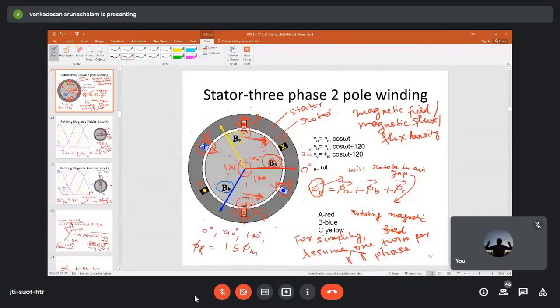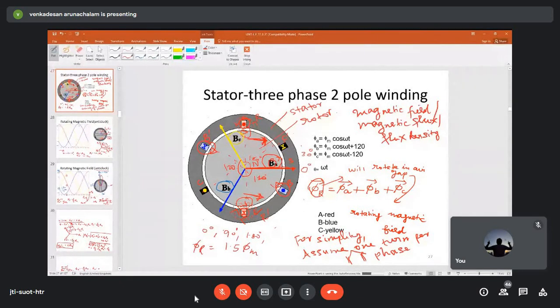This is the north pole, this is the south pole. This is for A phase, you have 2 poles. Similarly for B phase, 2 poles, and for C phase, 2 poles. So each winding forms 2 poles. So the synchronous speed depends upon the number of poles.